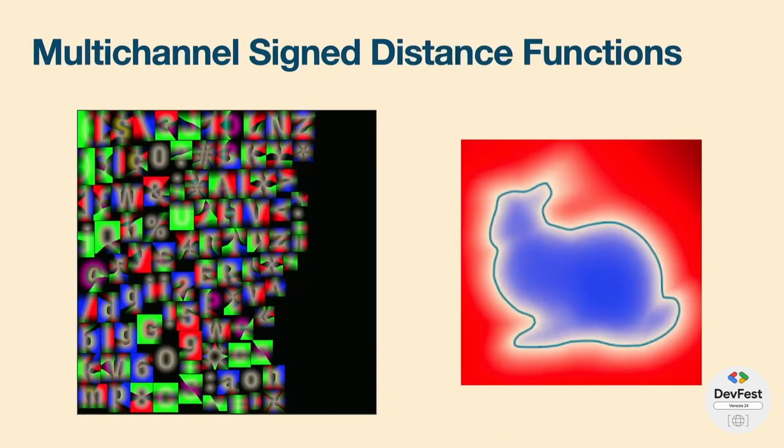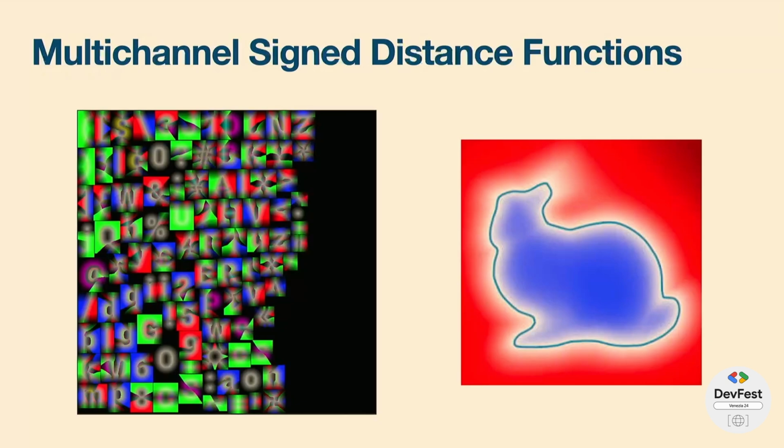The way that we optimized that is by using a paper by Valve and the master thesis of a student, from I don't remember where, that explored this very cool technique called multi-channel signed distance functions, which I won't go too deep into now. But the idea is that for each glyph of your font you have a texture that represents the distance from the edge, which then allows you to accurately compute the border of that glyph.